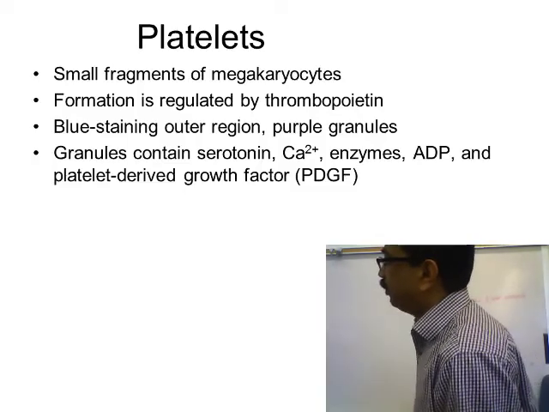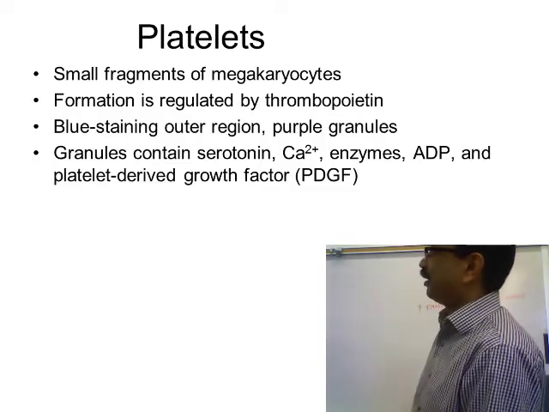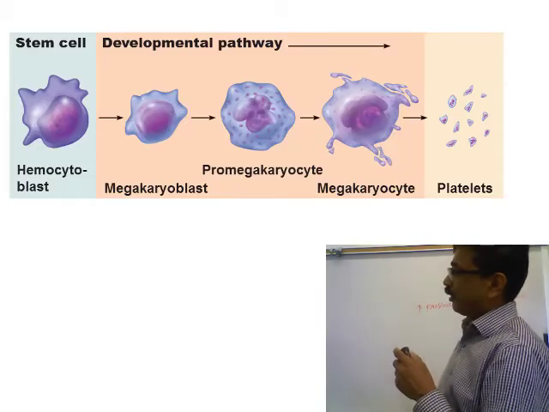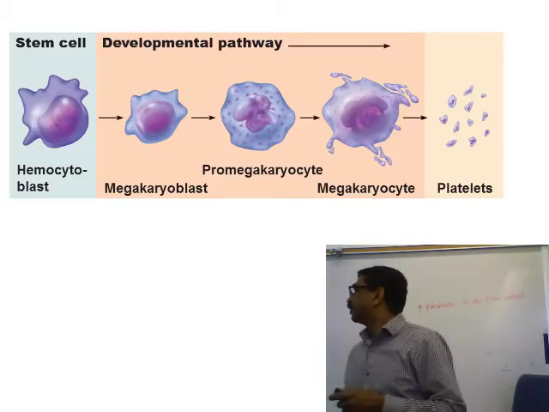Platelets. I have already shown you platelets come from the fragment of megakaryocyte. The formation or production of platelet is controlled by a chemical that is called thrombopoietin.